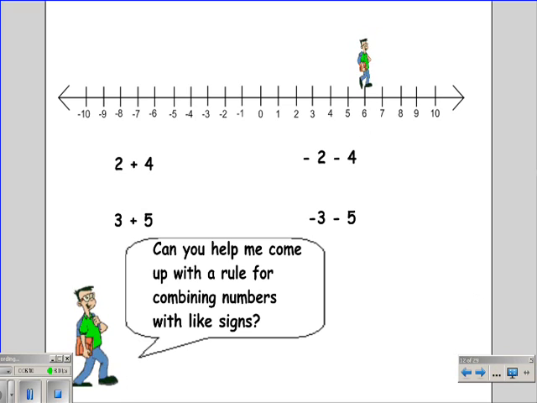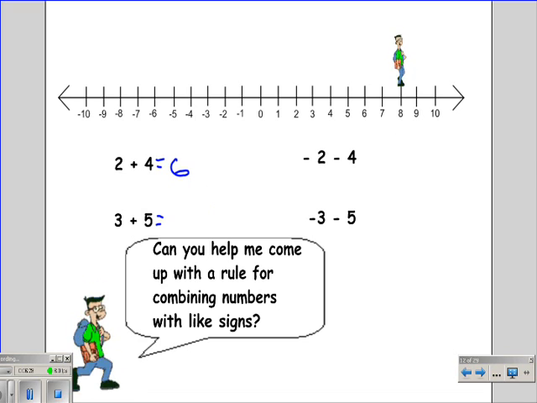So 2 plus 4 gives us a solution of 6. Starting with the first number, 3 plus 5 means I'm moving to the right 5. 1, 2, 3, 4, 5. 3 plus 5 gives us a solution, or a simplified answer, of 8.